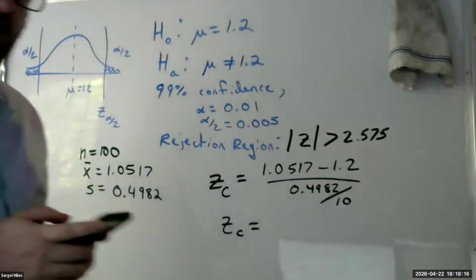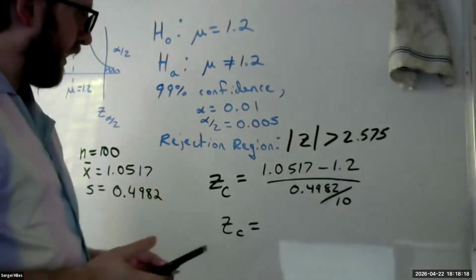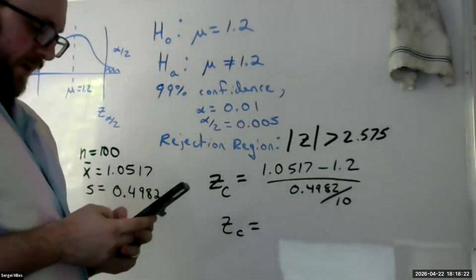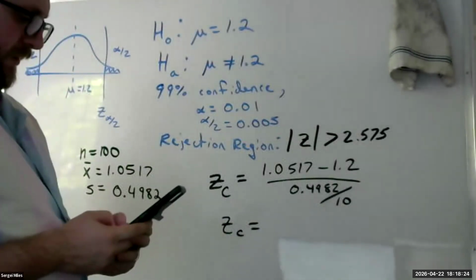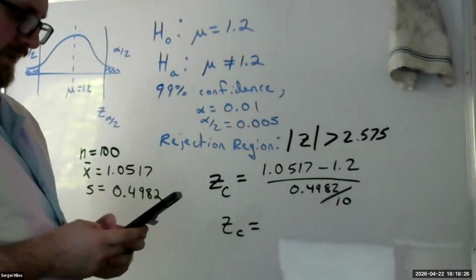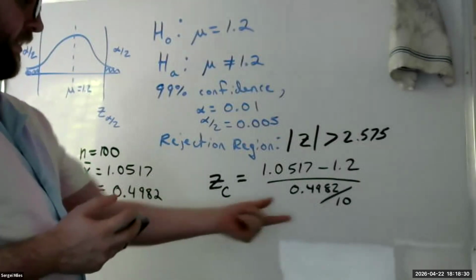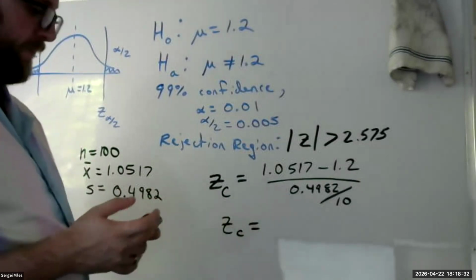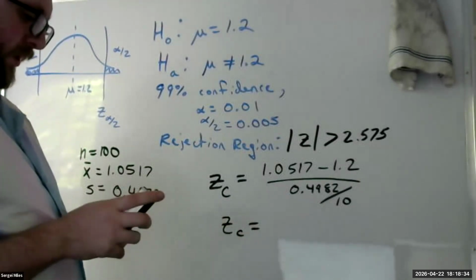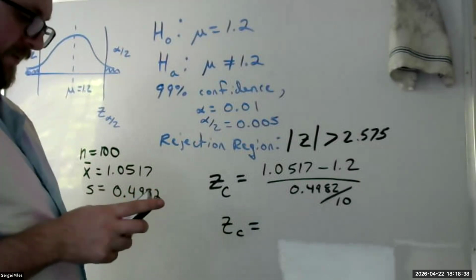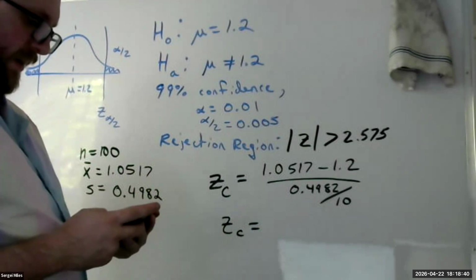All right, I have returned, and so now we go to the calculator. We're looking at our z-score. We have 1.0517 minus 1.2 divided by, and make sure this denominator is also wrapped in parentheses, 0.4982 divided by 10.